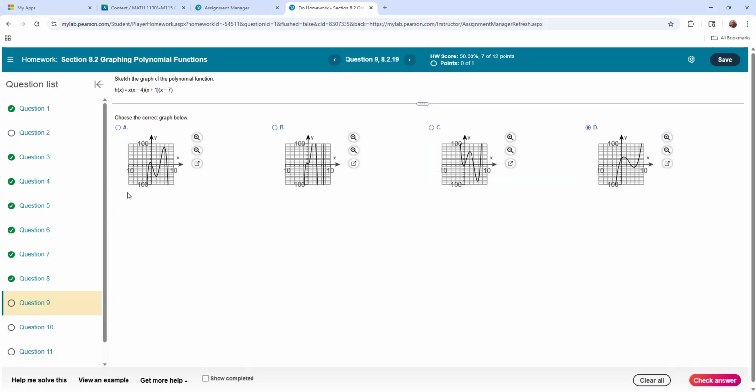You see you got x minus 4, x plus 1, x minus 7. If you were to multiply all four of them x's, x times x times x times x, you would get an x to the fourth out of that. It would have a positive 1 in front of it. So, knowing that it's an x to the fourth and a positive 1, I'd probably go with C.